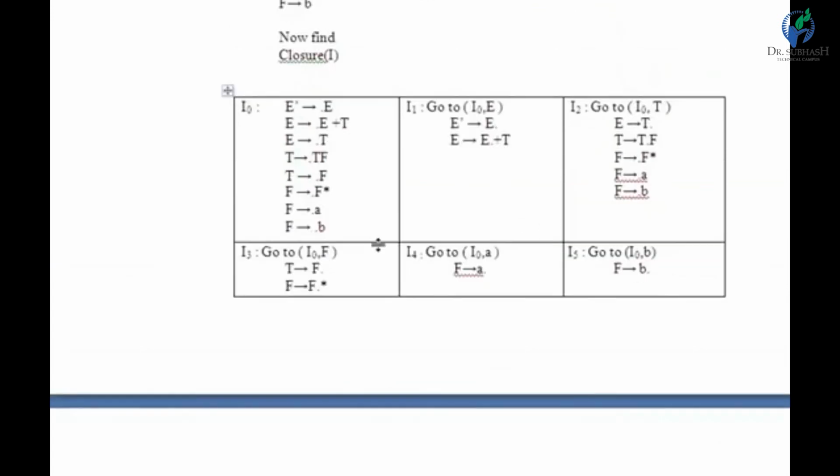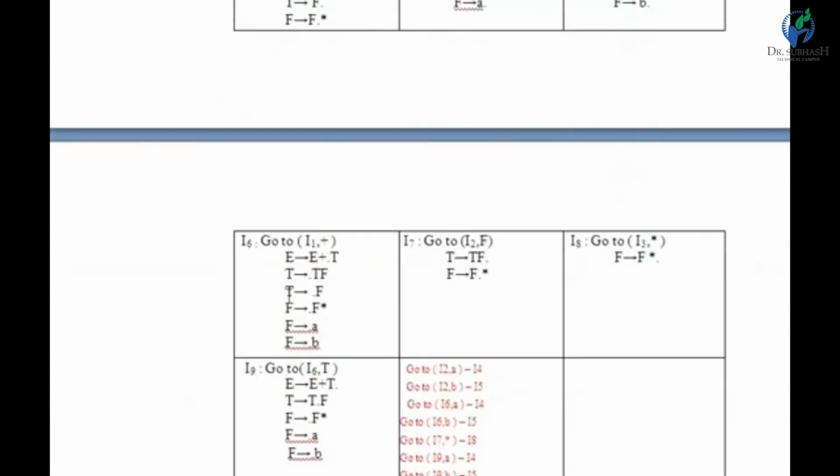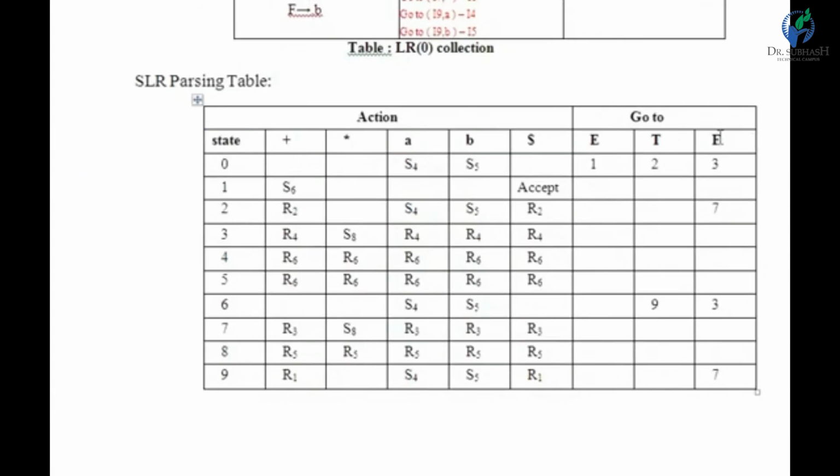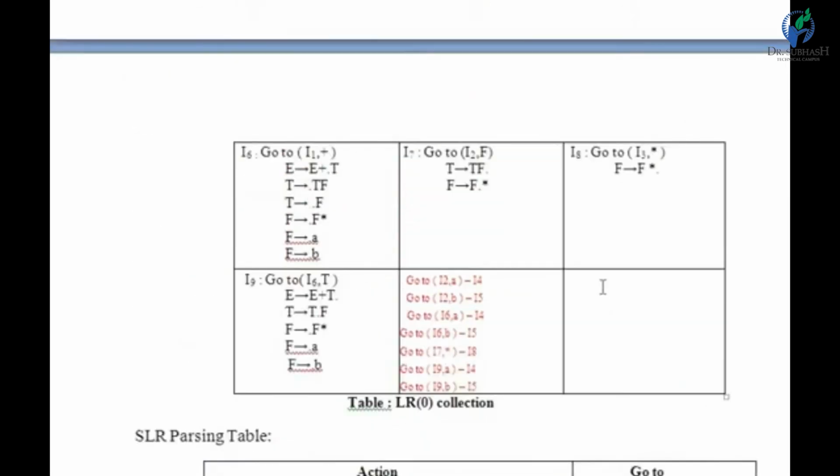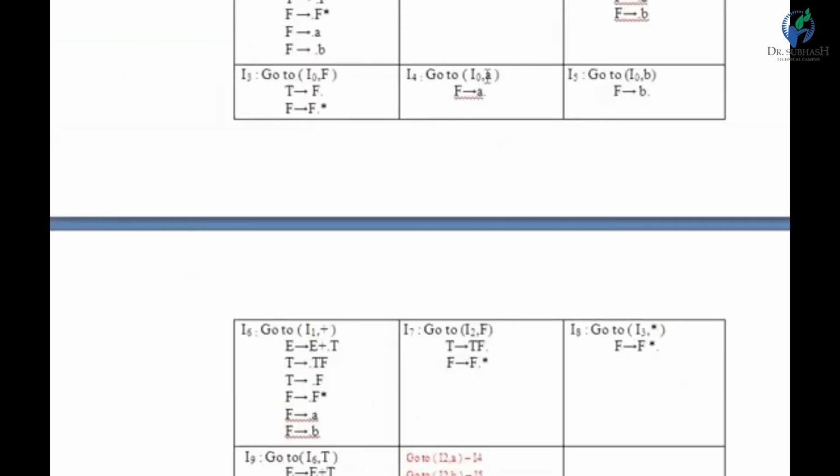Next, I0 to F, state is 3. So in the 0 row, column F, write 3. Next, I0 to A, state is I4.